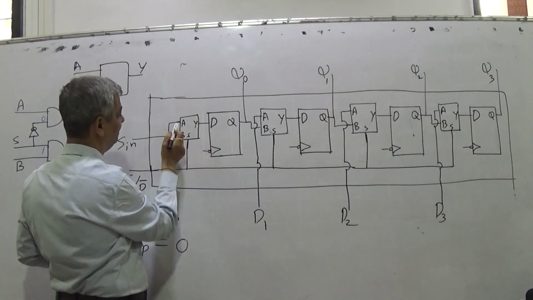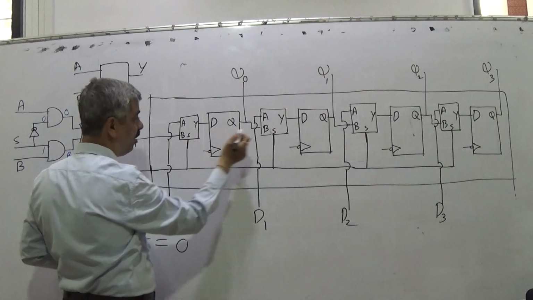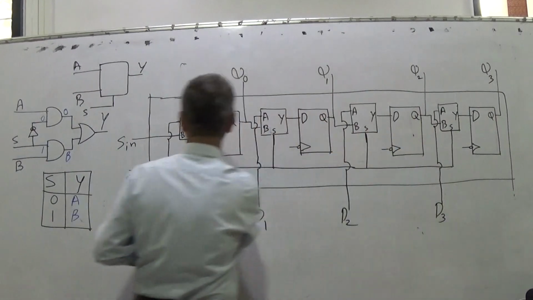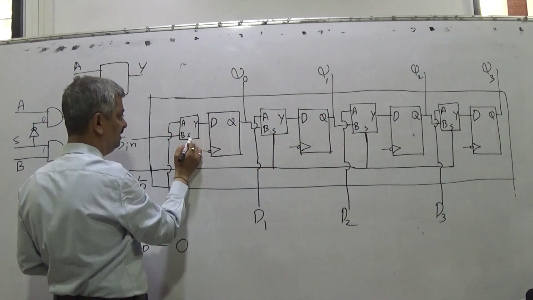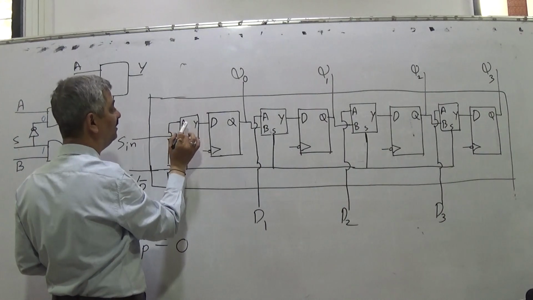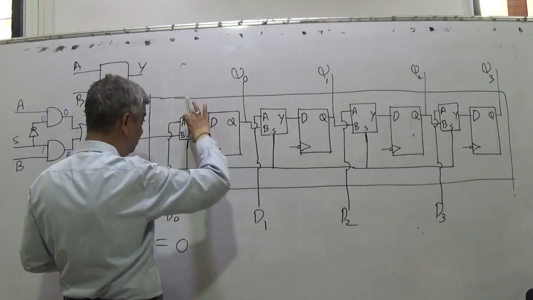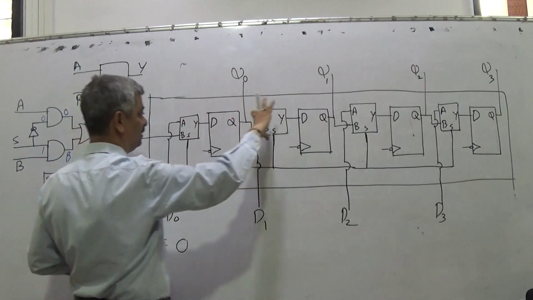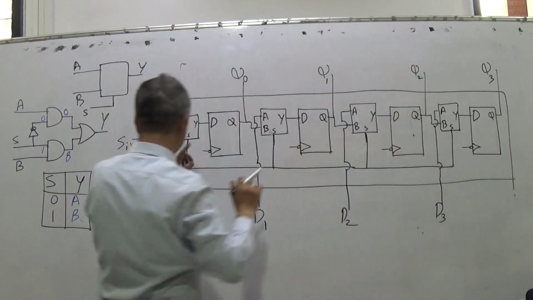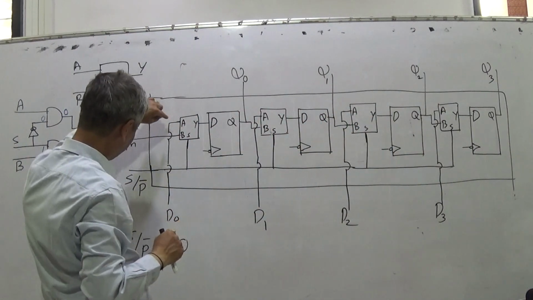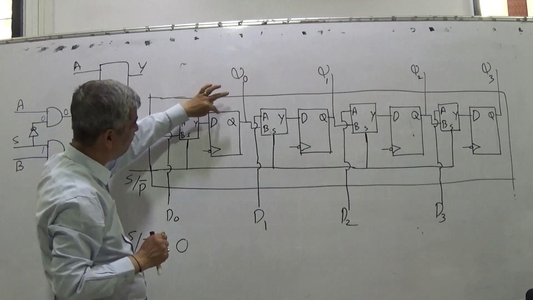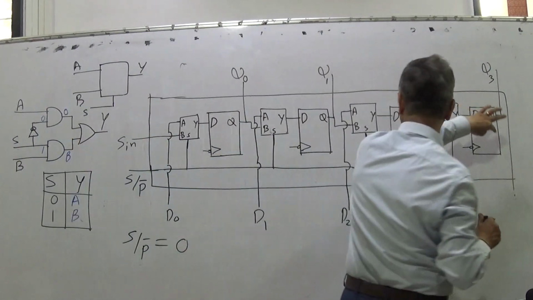If this S of all is made common and S is 0, the A's of all these 4 2s1 multiplexers will come on the respective D's.